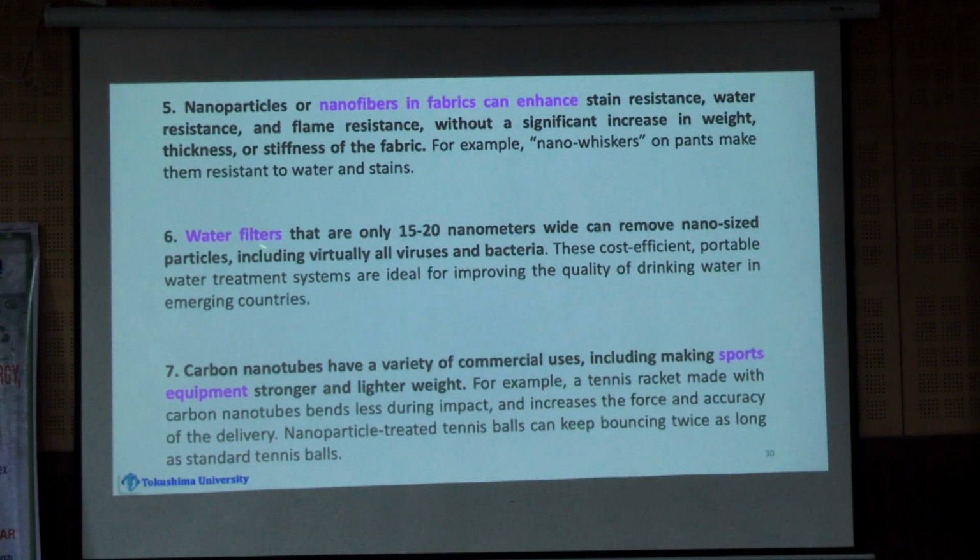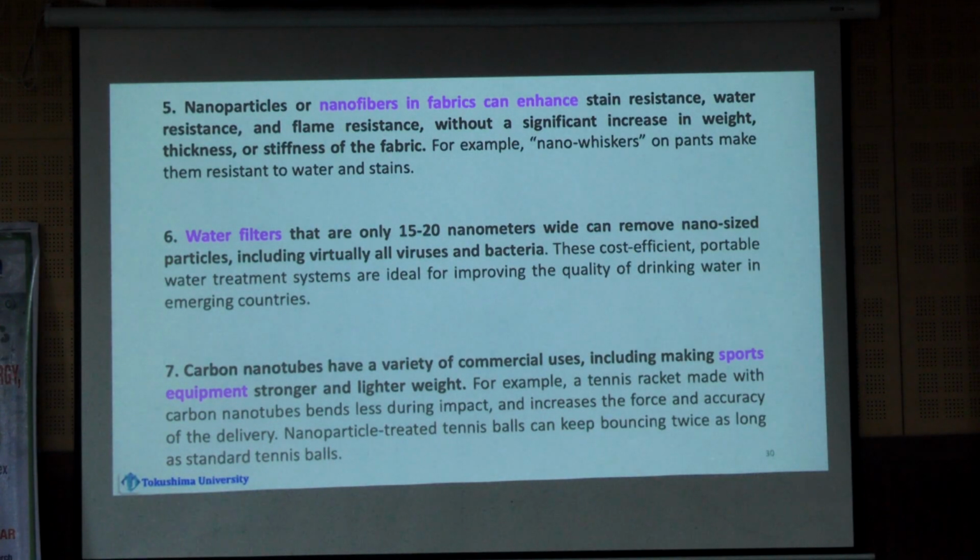Water filter. So dealing with water is one of the areas we are looking at. A water filter is needed where water is not clean and we want to clean the water and use it. But while using this, it must be cost effective.